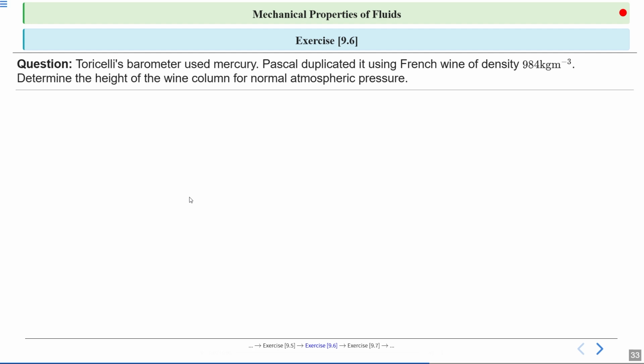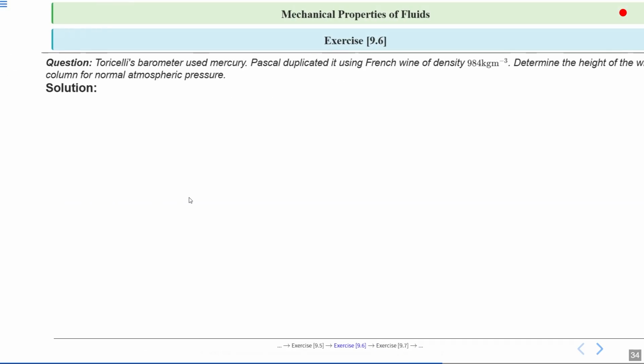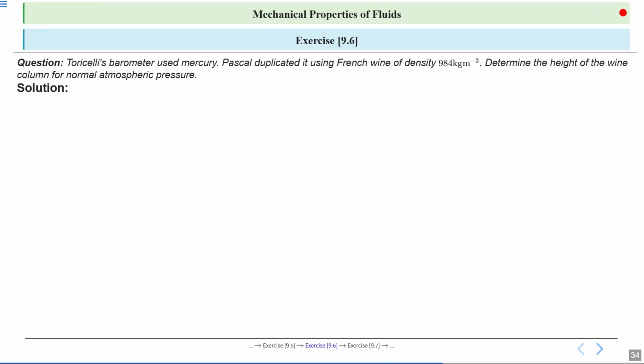Torricelli's barometer used mercury. Pascal duplicated it using French wine of density 984 kg per meter cube. Determine the height of the wine column for normal atmospheric pressure. Let's see the solution. The density of the mercury, rho 1, equal to 13.6 into 10 raised to the power 3 kg per meter cube.